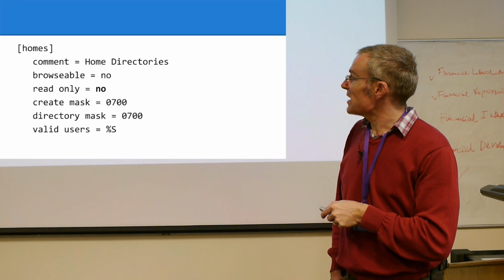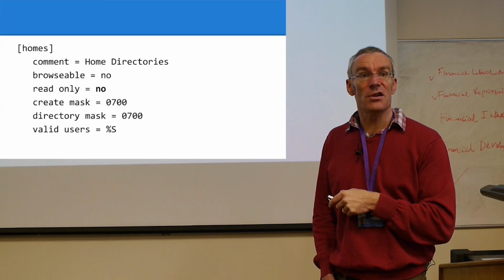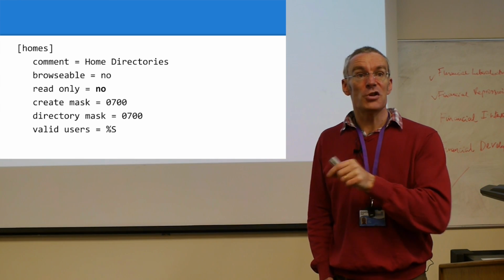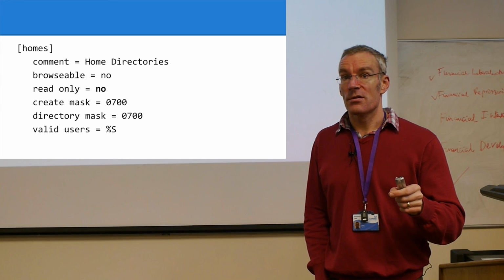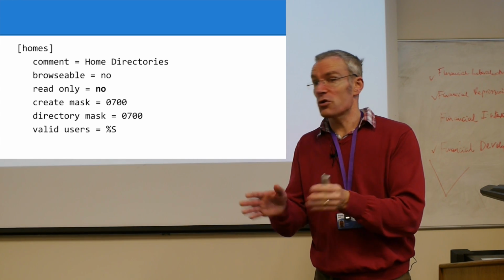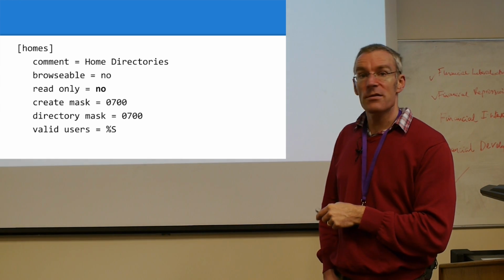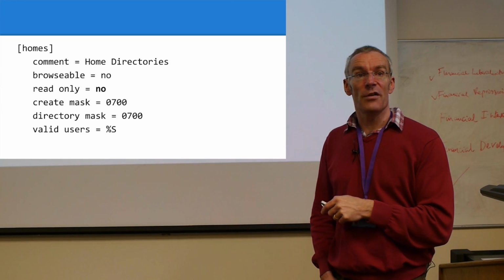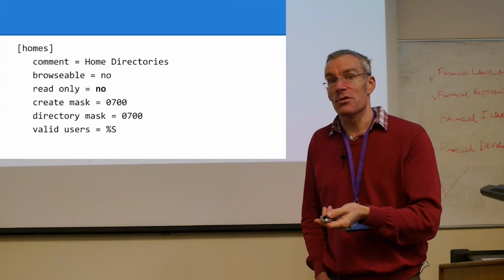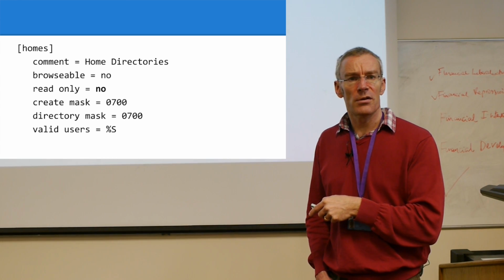Create mask basically says, if someone creates a file or drags a file onto the server, what permissions should it have? So if I go onto my network share and create a new HTML file, what should the permissions be set to? And if I create a directory on the server, what should the directory permissions be set to? And the default one, can you see the default one is actually really secure?